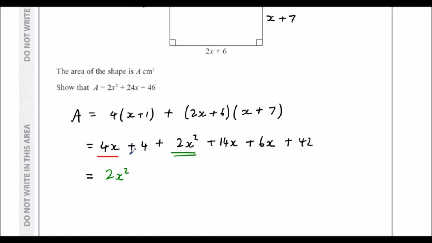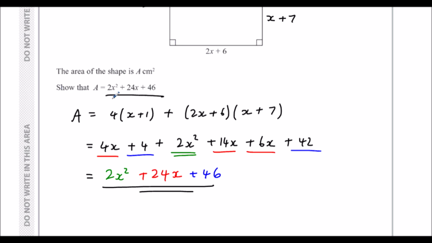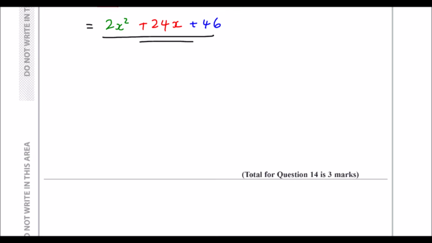The x terms, we've got 4 plus 14 plus 6, that makes 24x, and we've got 4 and 42, which makes our 46. So there is our answer. We've shown that that is the answer.